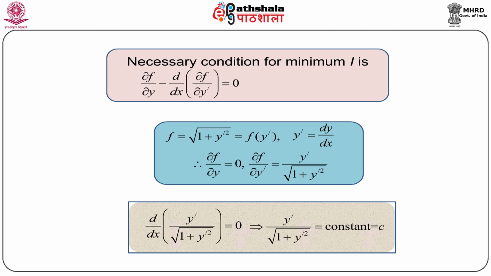We get it after squaring. After simplification, this gives this one. As c is constant, square root of 1 minus c square is also constant, so we can write it as another constant a. This on integration gives y equal to a x plus b. a and b being constants, this equation represents a straight line.